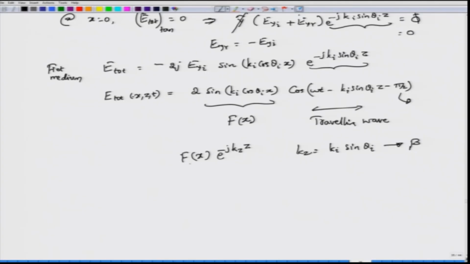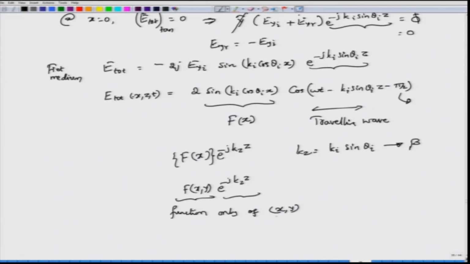And this f(x) will be a function only of the x coordinate, right. In general, of course, it will be a function of both x and y coordinates, and then along the z coordinate there will be a factor which accounts for an exponential phase, that is, the travelling wave, and whatever else you have is a function only of the transverse coordinates. And which transverse coordinates am I talking about?